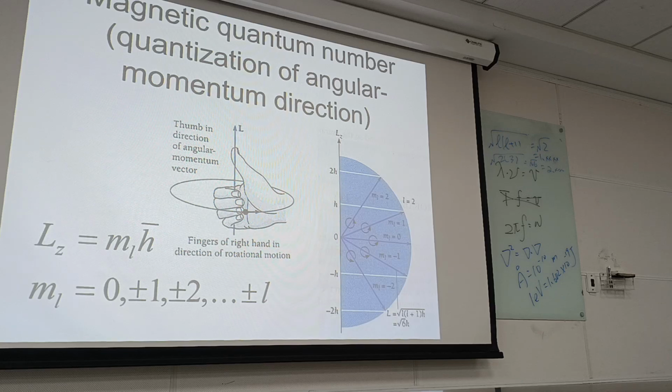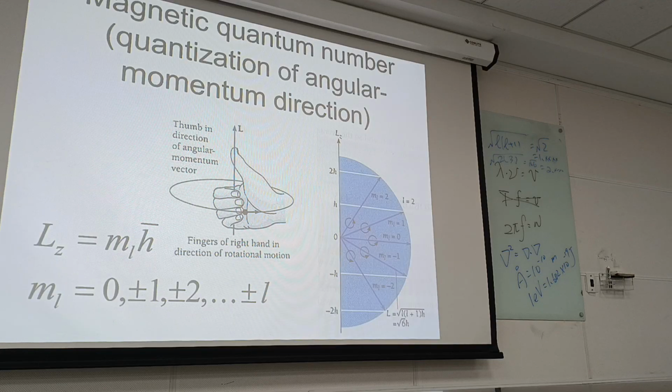What is cosine theta? This is cosine theta. This is sine theta, right?